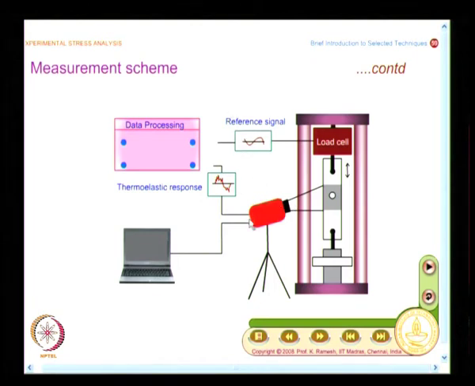The camera by itself does not give you any information for you to visually look at. So, it has to be post processed and then displayed appropriately. So, I have a data processing unit which takes the reference signal and gives you the output. Once you take it to the computer, you could display this result in a fashion which is convenient for you to interpret.